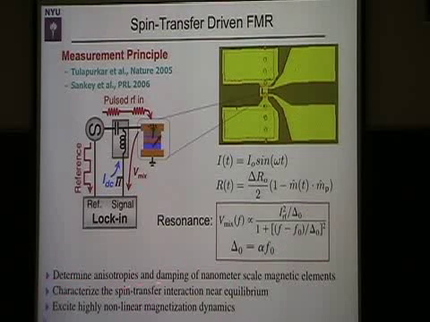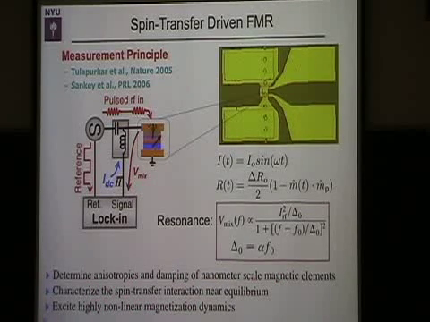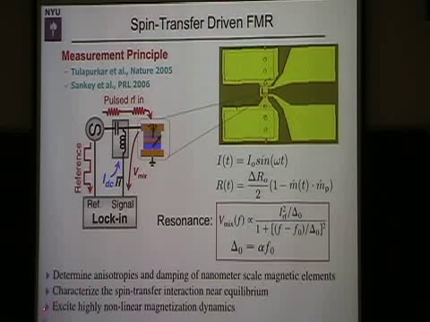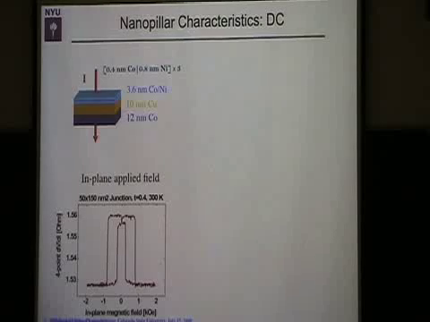And this allows us now to go in and measure the damping of nanometer scale magnetic elements, and also to measure the spin transfer interaction. We can now use this technique to find out how much angular momentum each electron is putting into this magnetic layer. And we can also crank up the power and excite very nonlinear dynamics, as we've already seen that switching is a highly nonlinear process.